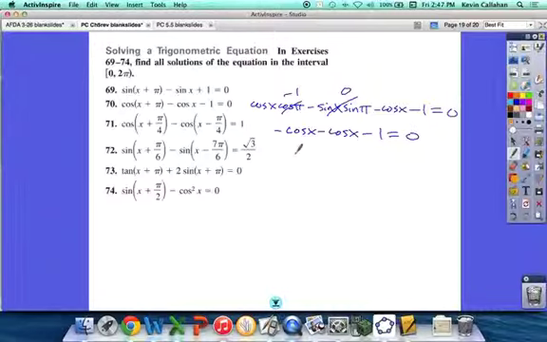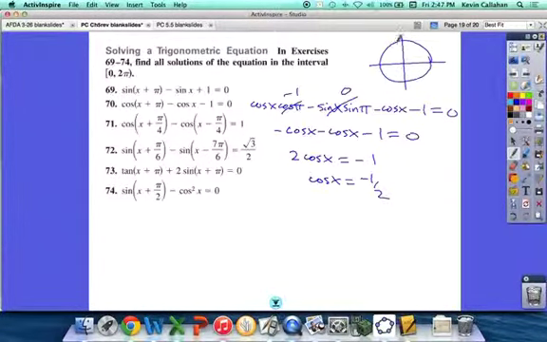If I move that to the other side, it'd be a positive 2 cosine x equals negative 1, cosine x equals negative 1/2. Where does cosine x equal negative 1/2? Negative means it's over here, so right there and right there. 2 pi over 3, 4 pi over 3.